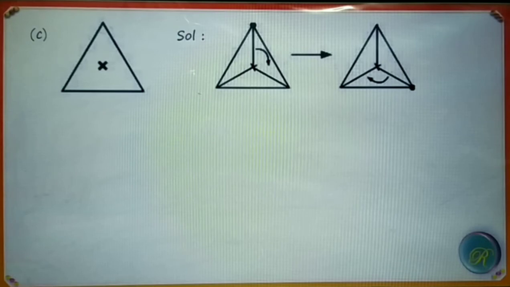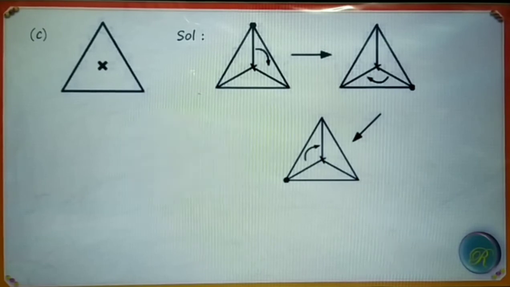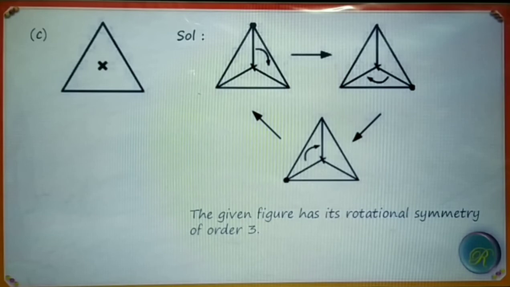Again, when we rotate it by 120 degrees, then we get this figure. Again, when we rotate it, we will get the figure in original position. Therefore, the given figure has its rotational symmetry of order 3.